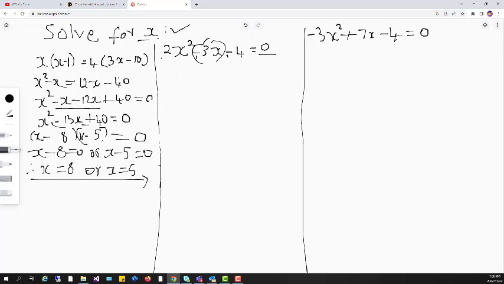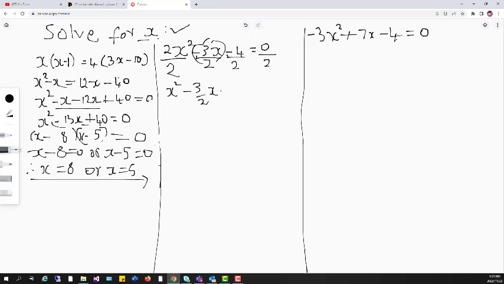The next thing is that x squared should not have a coefficient. In our case, it does. So we're going to get rid of that coefficient by dividing everywhere by it. 2x squared divided by 2 is x squared, and then minus 3 over 2 x.